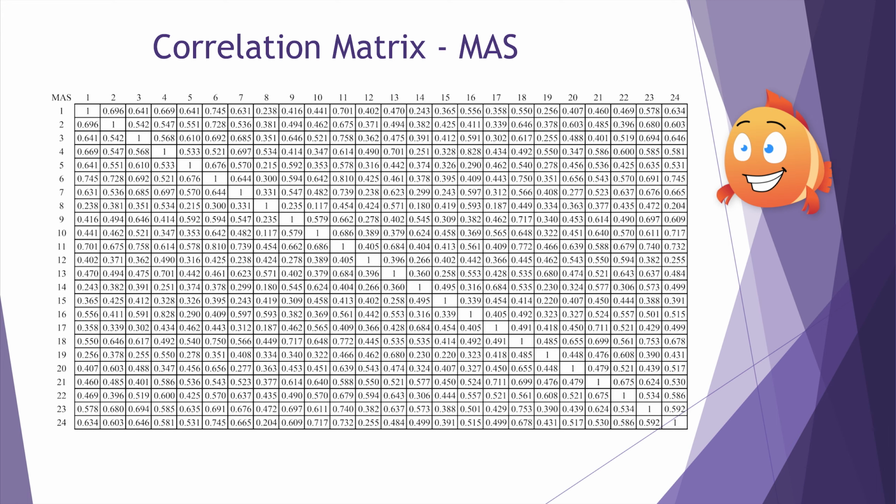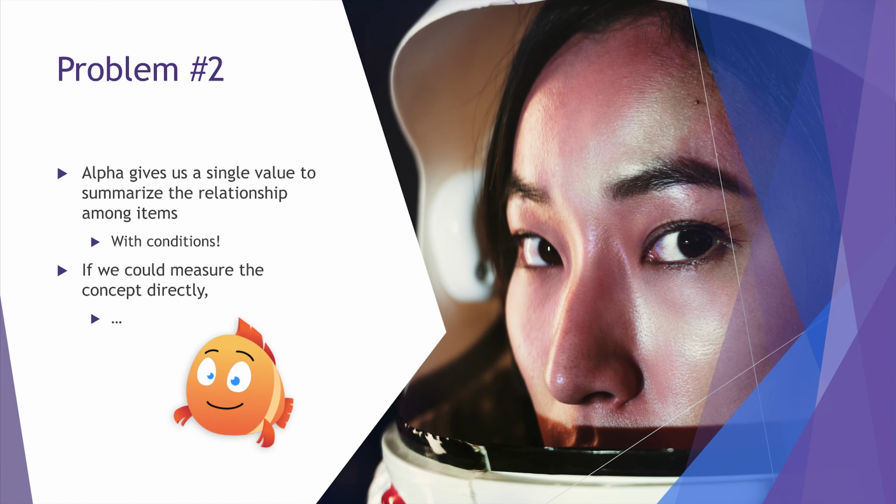Each box indicates the correlation coefficient between the two test items of interest. I encourage you to pause and zoom in and look at the correlation matrix, because what I want to point out is that these correlations are all over the place. Okay, so problem 2, let us continue.